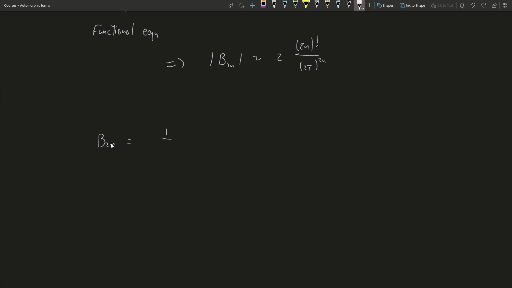So the Bernoulli numbers B3, B5, B7, etc., those are all 0, but B1 is not 0.